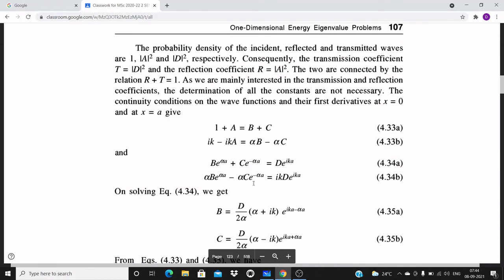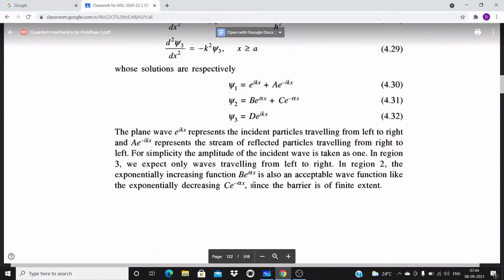For that, we are going to apply the continuity equations, like what we have done in the case of a square potential well. Let us consider the boundary x equal to 0.